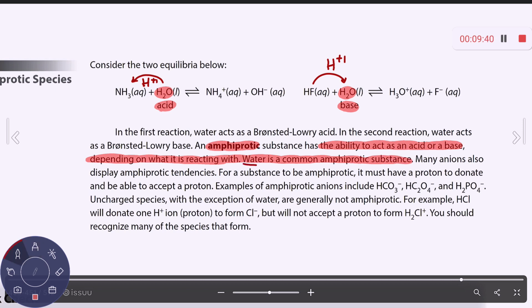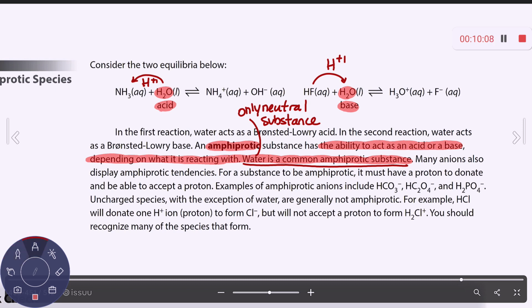You absolutely need to know this. Water is the only neutral substance that will be amphiprotic. All of the others will be anions. There are none other for you at all.